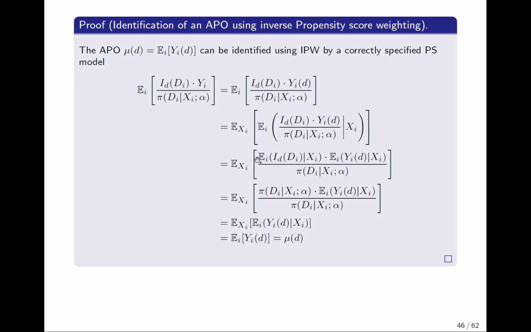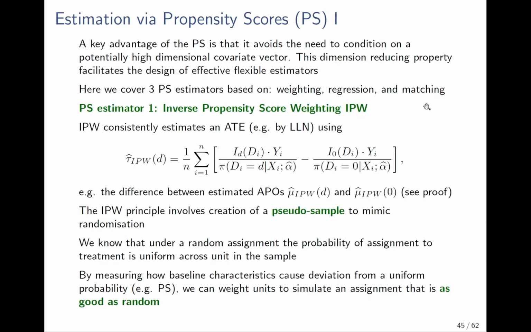But this expression here is just a propensity score. That's the definition of a propensity score, so we can write it in this form here. The two propensity scores cancel out. It gives us this expression here, which gets us back to our average potential outcome. So yeah, just demonstrating how IPW lets us get to APOs.